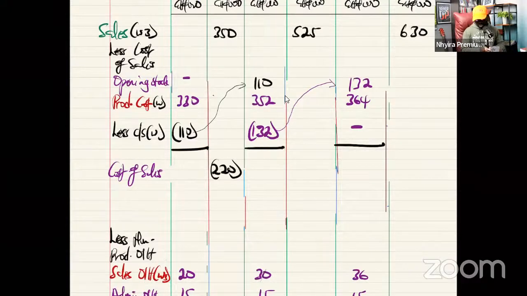Then the next one will be 110 plus 352 minus 132. That's 330. Then for September, 132 plus 364. That is 496.